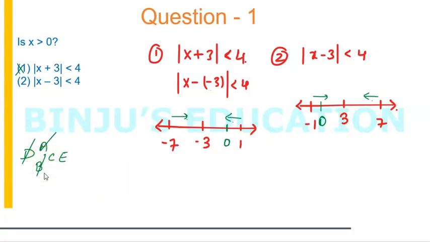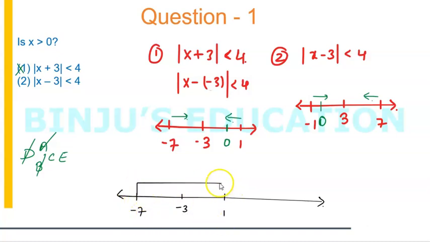Now, if we combine both of them, let's see what's the common part. So let's draw both of them on a number line. This is minus 3, this is minus 7, this is 1, and this is the part to be taken into consideration.